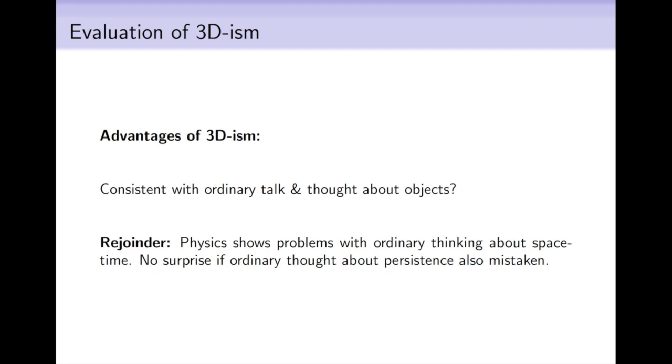maybe there are versions of three-dimensionalism that don't look quite so intuitive, right? So maybe adverbialism, or relationalism, you might start to think, is this really such an intuitive view after all? But more generally, there's a way the four-dimensionalists might reply to this. They might say, look, contemporary physics, in the form of special relativity, shows that there are problems with our ordinary ways of thinking about space and time, right?